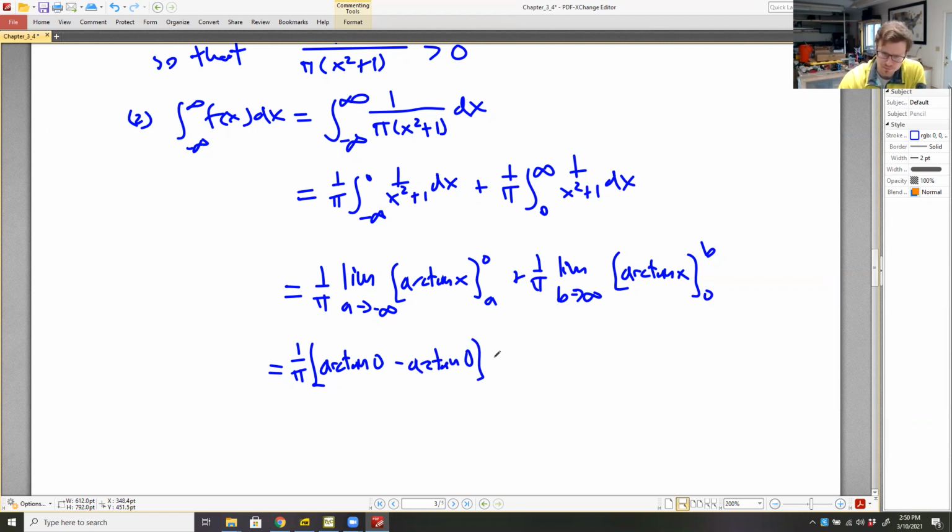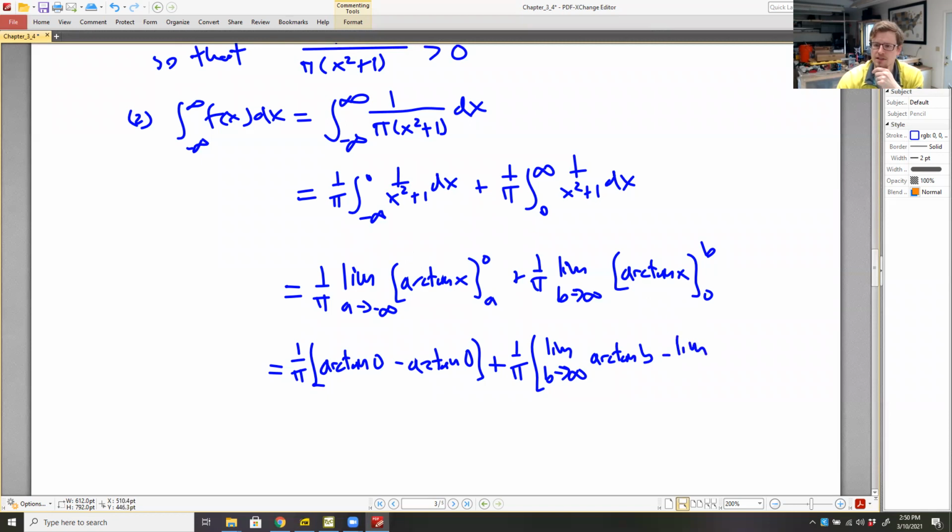Plus, I've got the limit as b goes to infinity right here, arctangent b. So this is plus the limit as b goes to infinity. Oh, and actually, let's add a 1 over pi to this. Limit as b goes to infinity of the arctangent of b. And then we have minus arctan evaluated at 0 minus arctan evaluated at a.